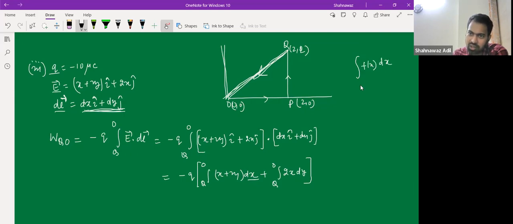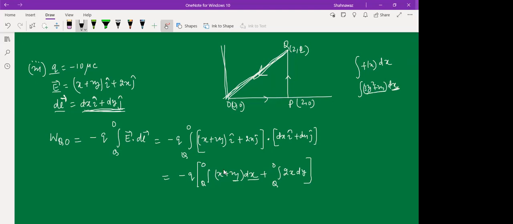We cannot integrate something like 3y square plus 2y with respect to dx, because the integral is with respect to x, and we can't have a function which is y, right? So we need to replace this y with some x, right? Is that clear, guys? Yes.